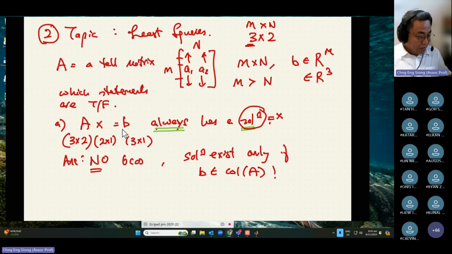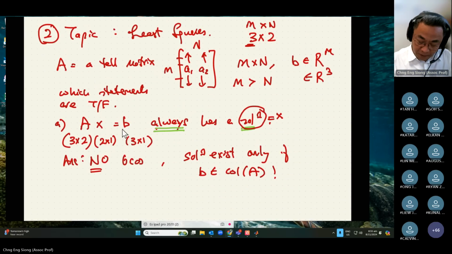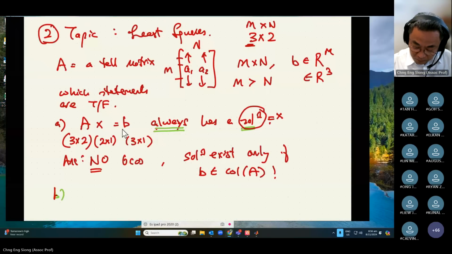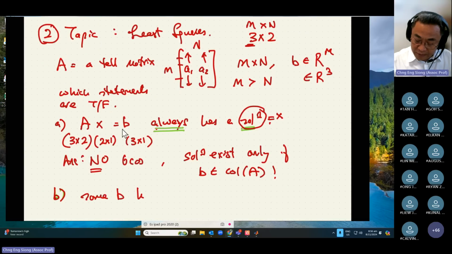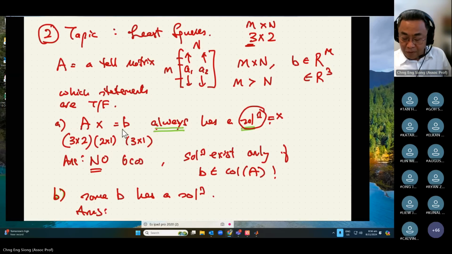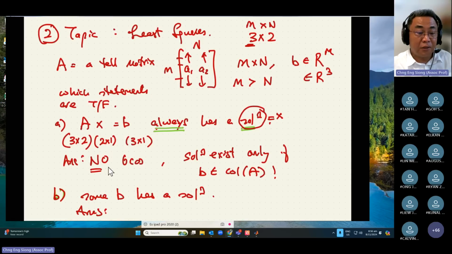All right, let's ask now the second question. Some B has a solution. Answer? So the first answer is false.